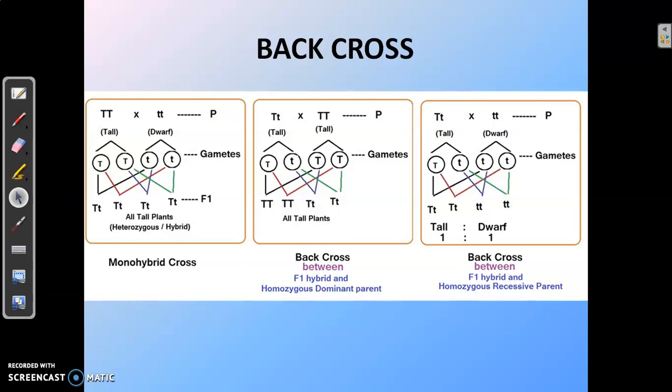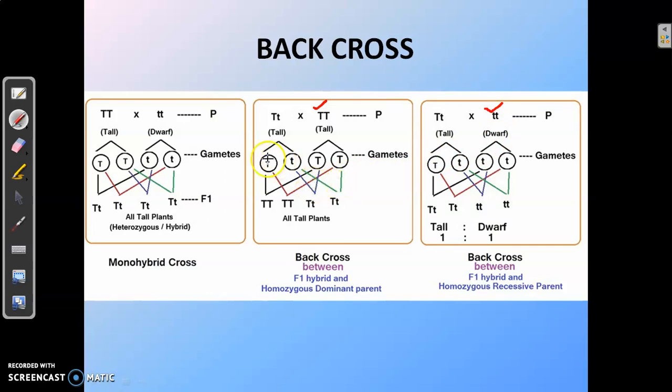Now, a back cross is a cross of these hybrid F1 plants with either of its parents, that is either with the dominant tall homozygous parent or a dwarf homozygous parent.